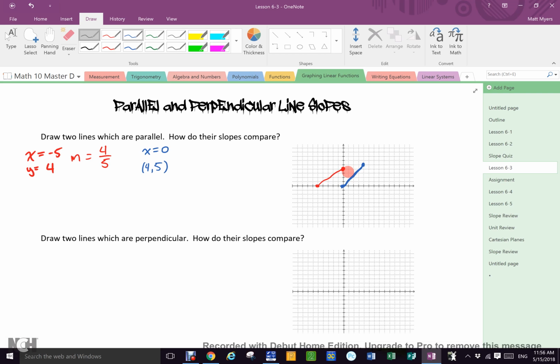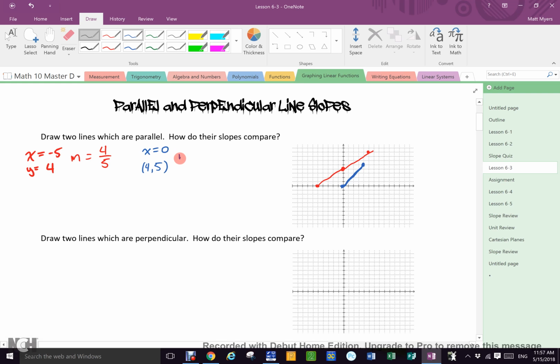Where will the next red dot be? Up 4, 1, 2, 3, 4, and over 1, 2, 3, 4, 5. Correct? Everyone agree? And that line would continue. How long would that pattern go for? Infinite, right?